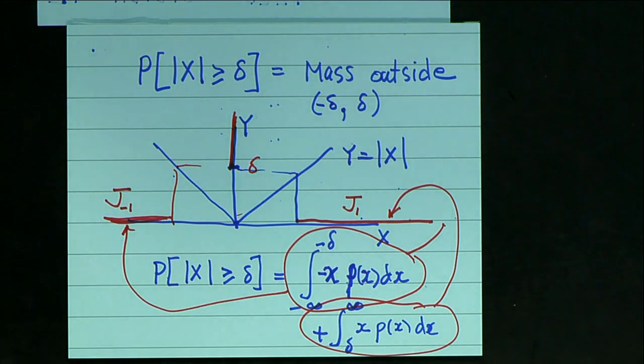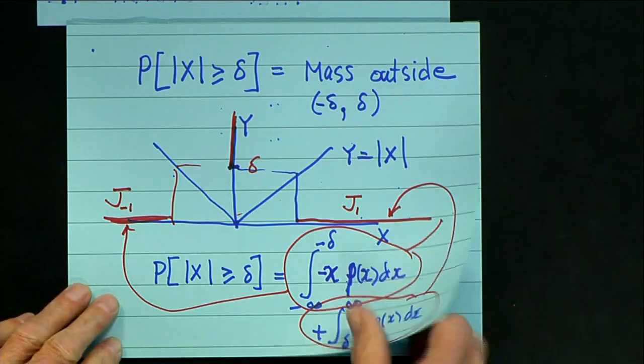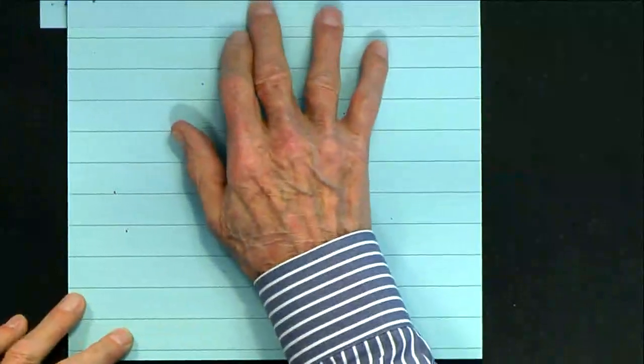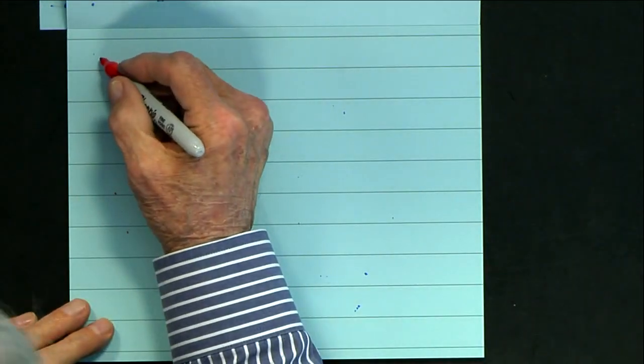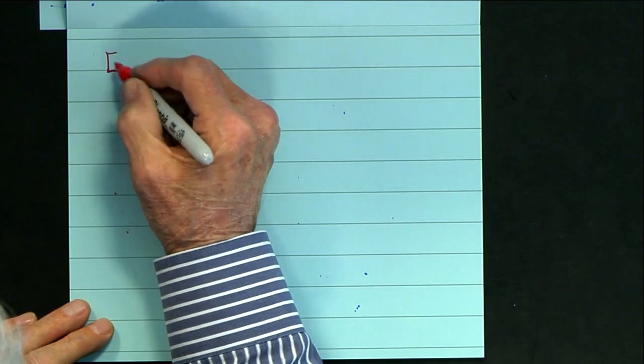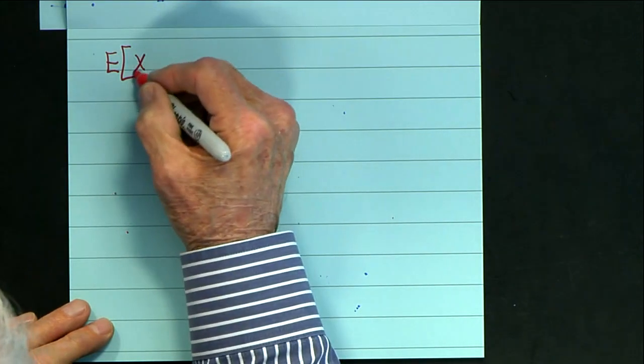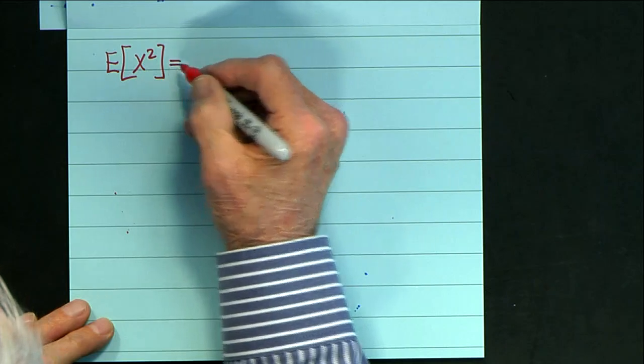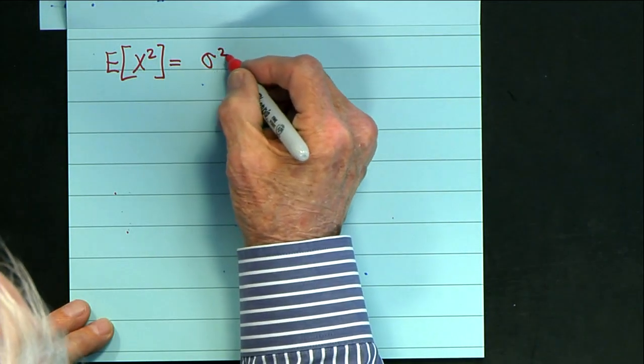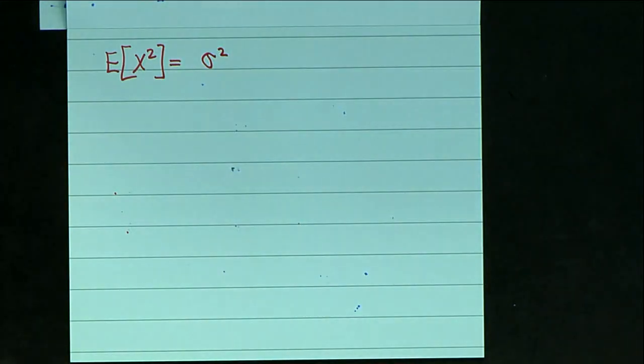And this, of course, has a mean of 0. Now, the expected value of x squared is equal to sigma squared when the mean is 0.